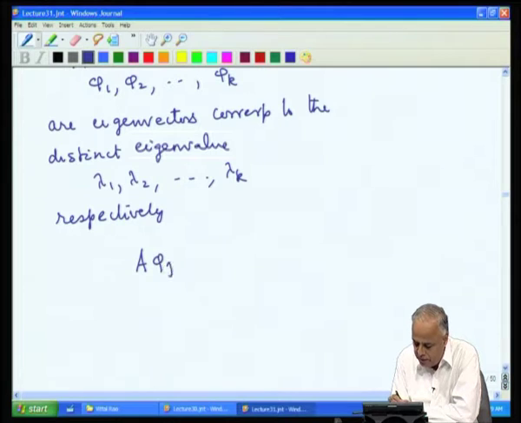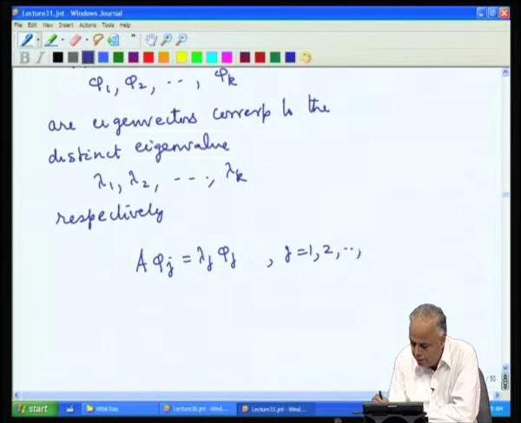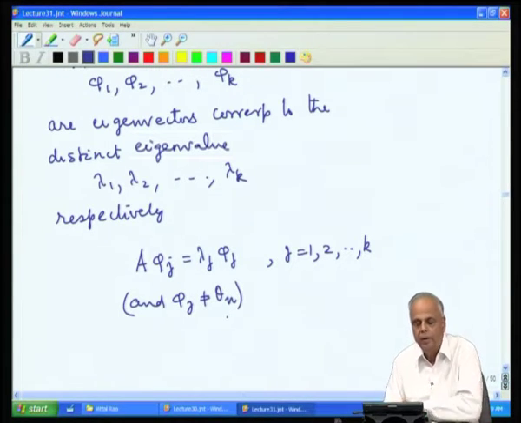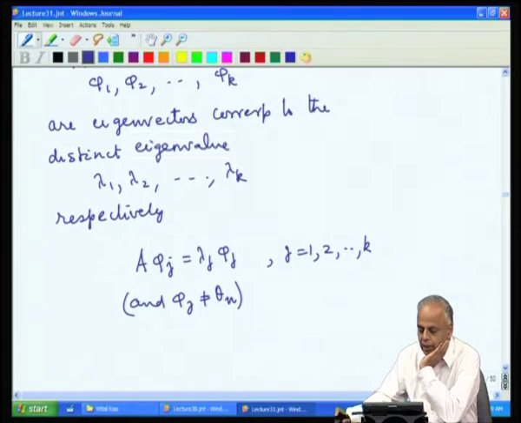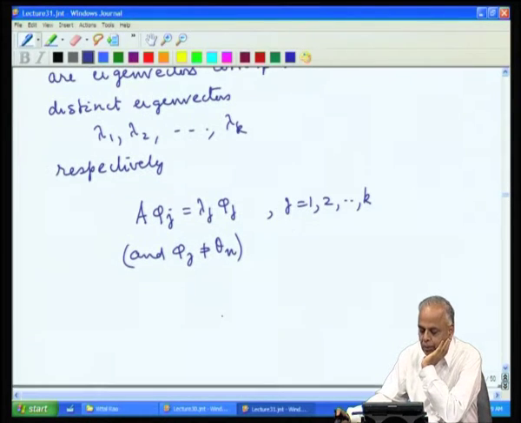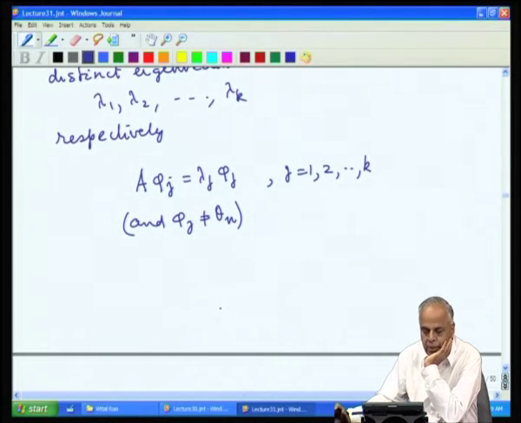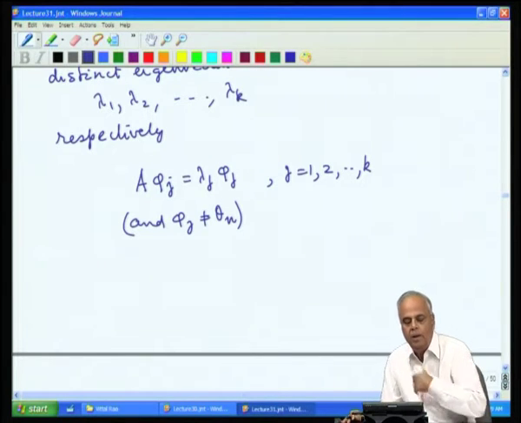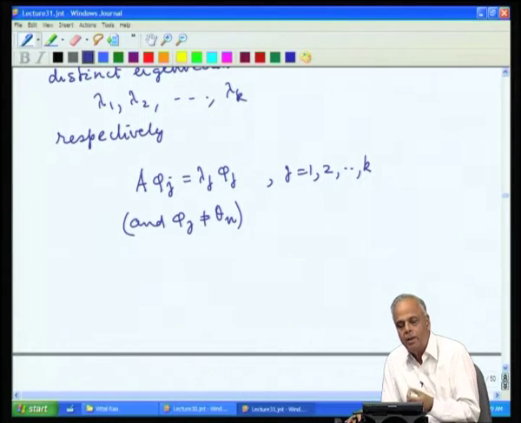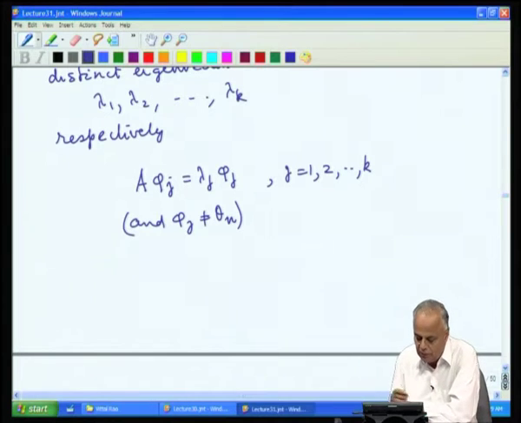Aφⱼ is equal to λⱼφⱼ for j equal to 1, 2, ..., k, and the φⱼ are non-zero vectors because they are chosen to be eigenvectors. When you have an eigenvector, the polynomial evaluation is easy.